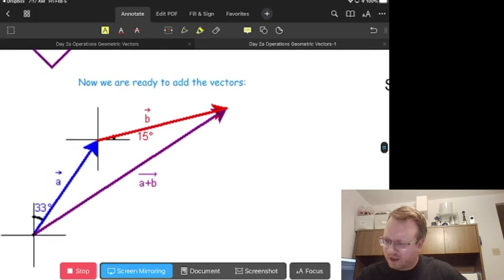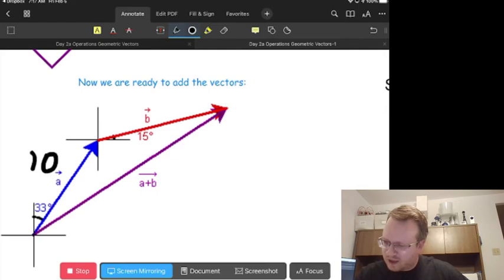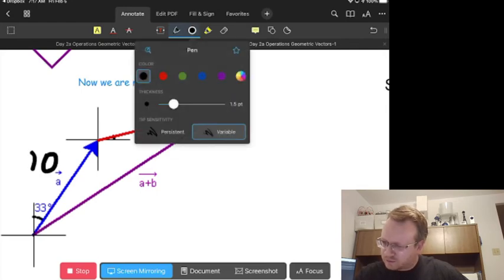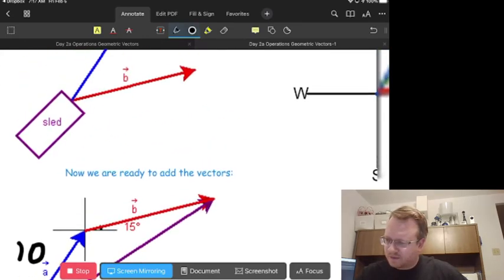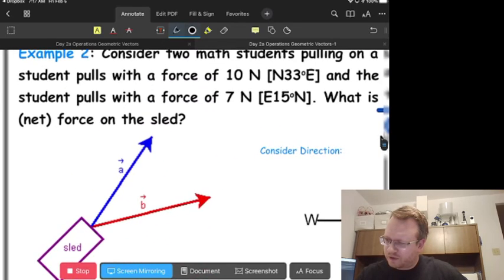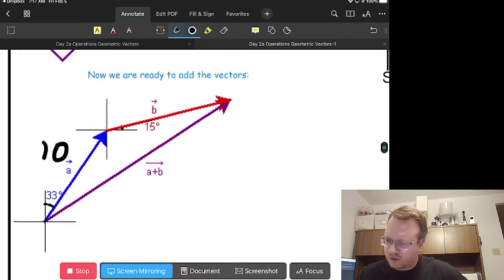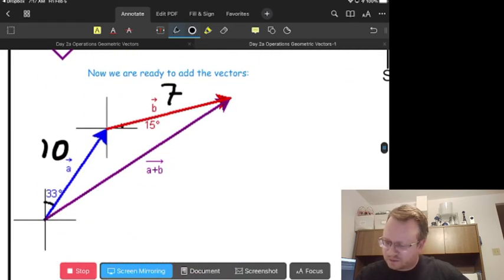So let's label that. So this has a side length of 10. And the B vector, said up here in the question, the other student was pulling with a force of 7 newtons. So let's label that with the 7.